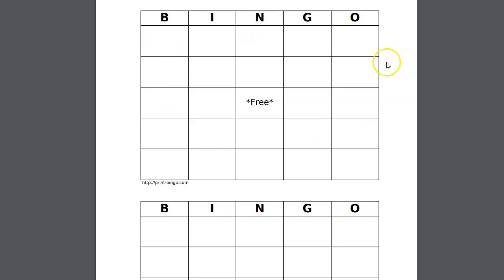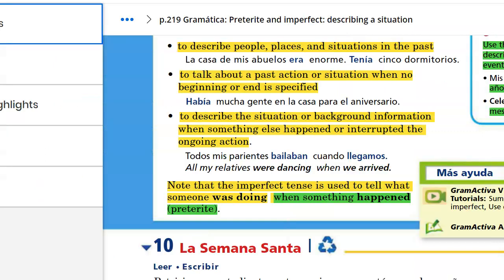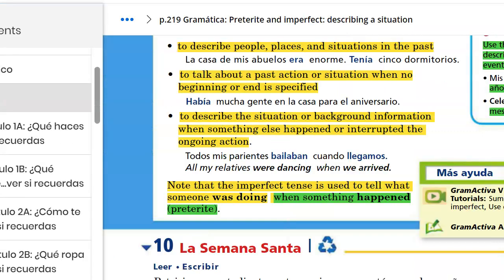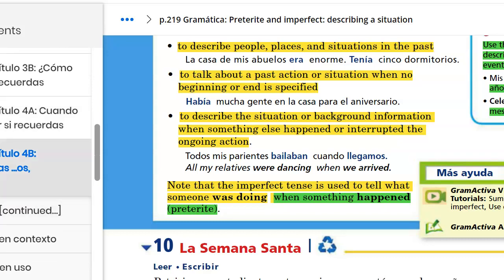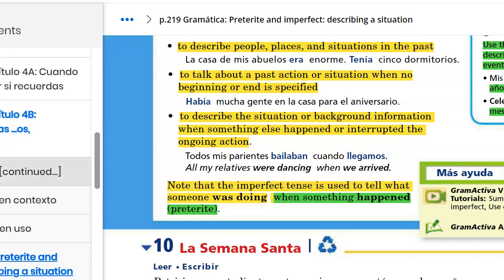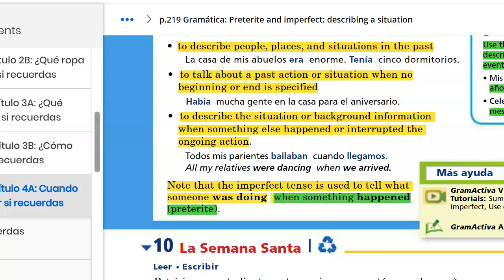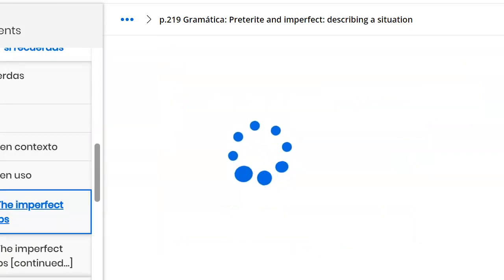We're going to do only AR verbs for the first game. Okay, so only AR verbs for game number 1, and that's AR verbs in the imperfect. A ver, page 194, right?